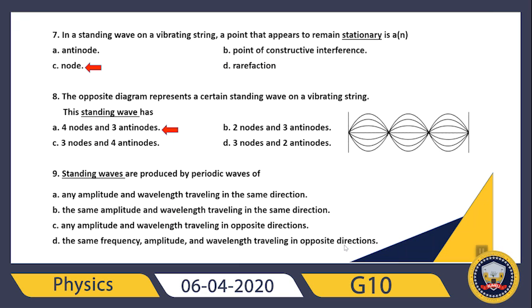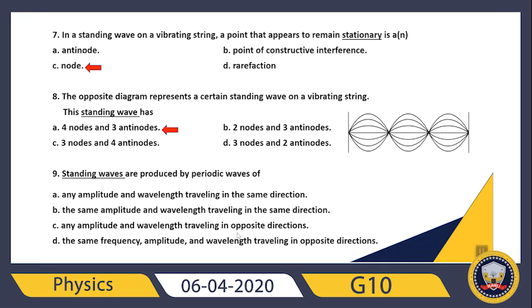Let's remember together, in the standing wave, the 2 waves are of any amplitude and wavelength in the same direction? Of course not. Same amplitude and wavelength, yes, that's right, but in the opposite direction, not in the same direction. So it will be wrong. Any amplitude, no, not any amplitude.